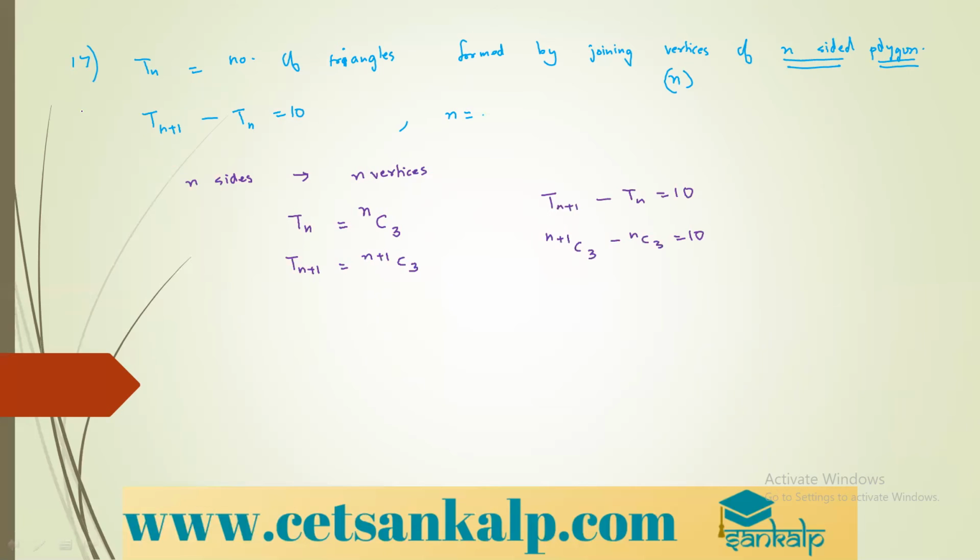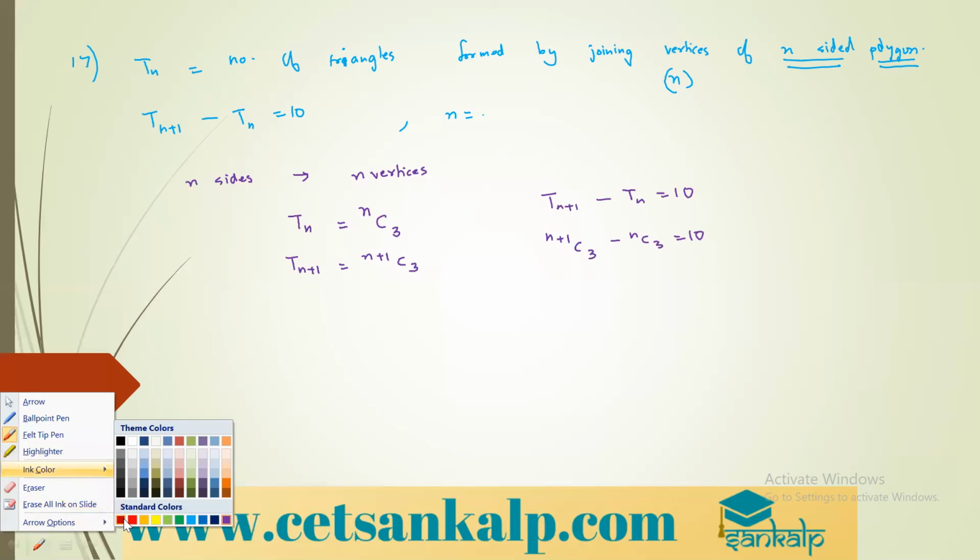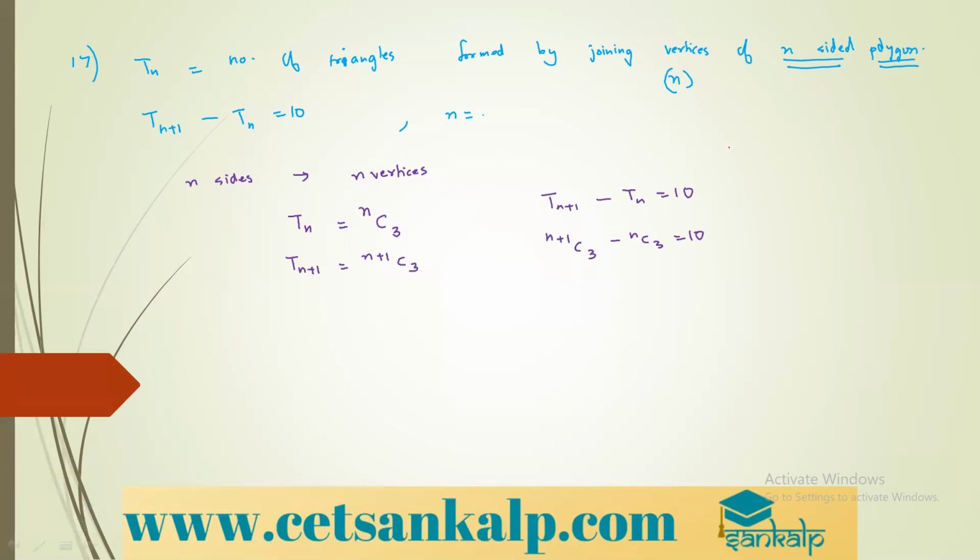Now, if you remember, I gave you one formula. Which formula I gave you? Do you remember? I gave you one formula, nCr plus nC(r minus 1) equal to n plus 1 Cr.